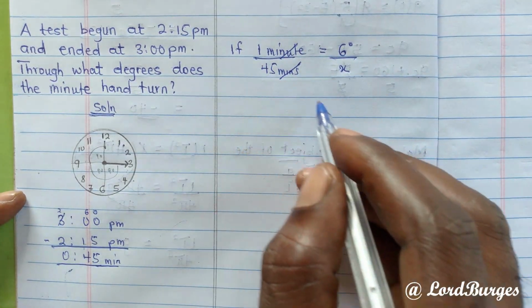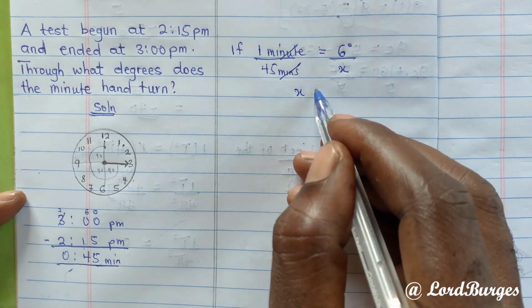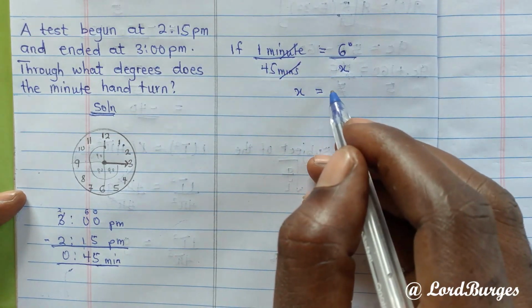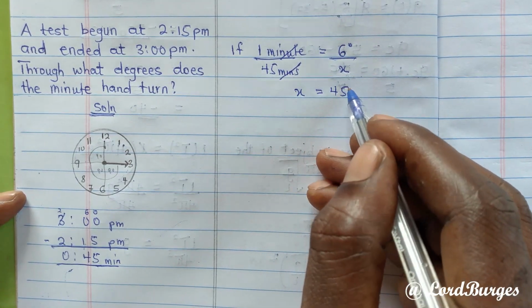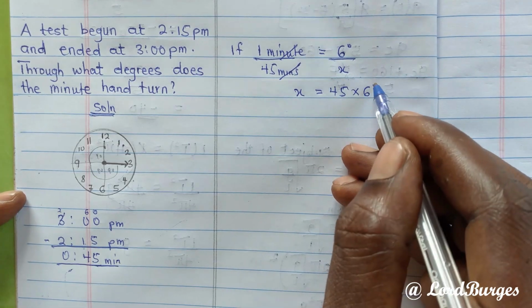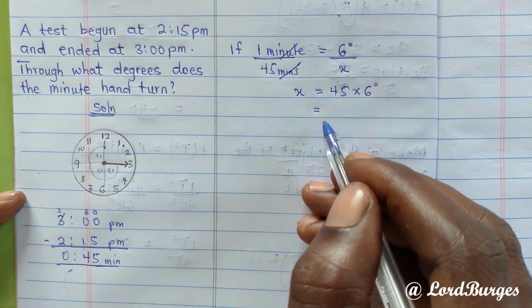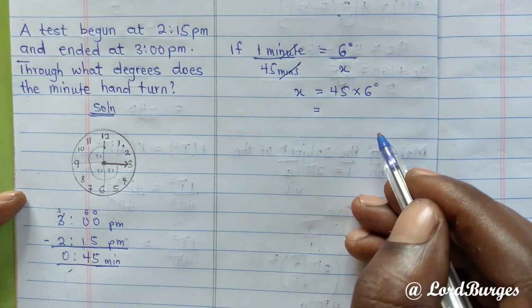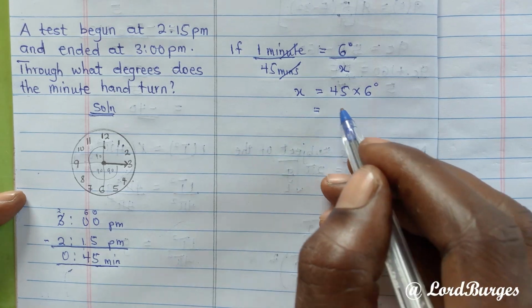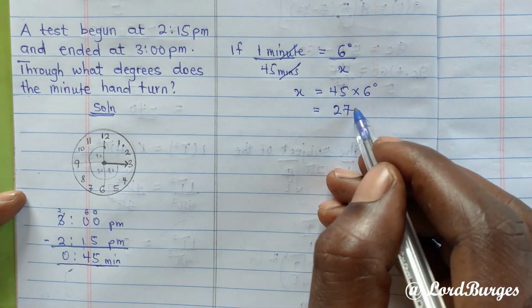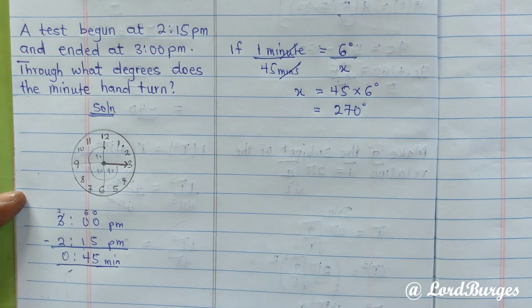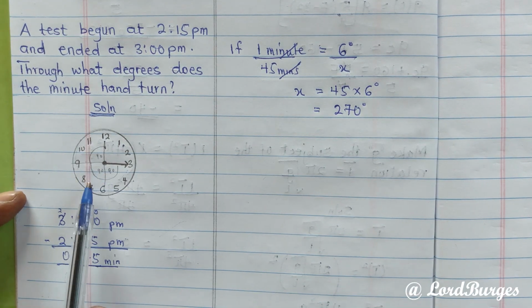Then when I cross multiply, I will be having x times 1, which is x, to be equal to 45 by 6 degrees. And 45 by 6 will result in 270 degrees, as the drawing indicated.